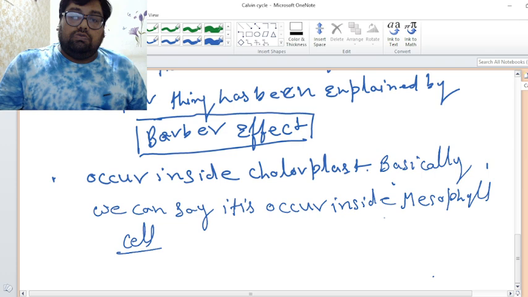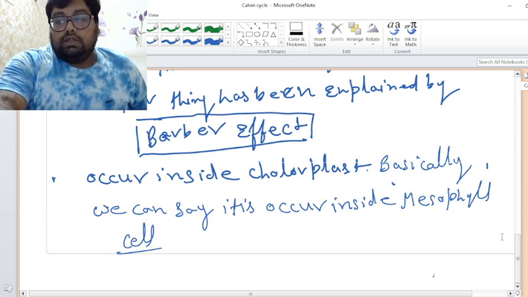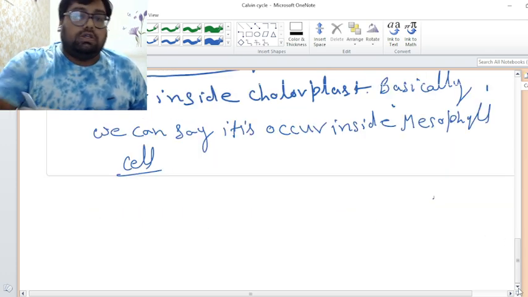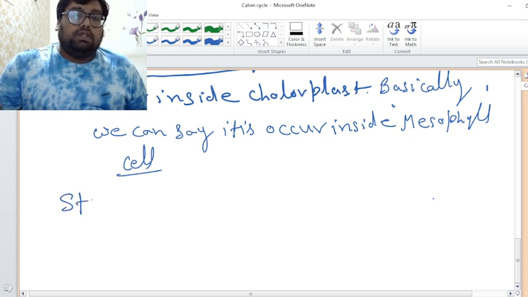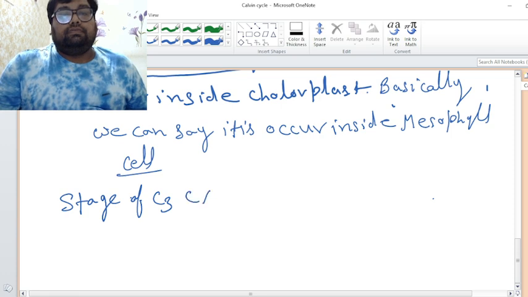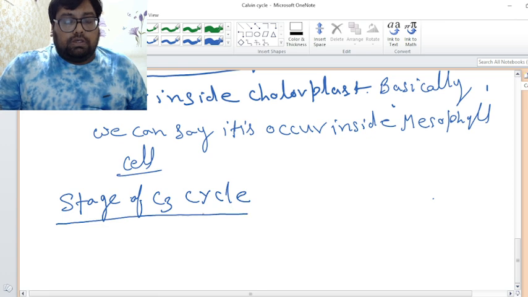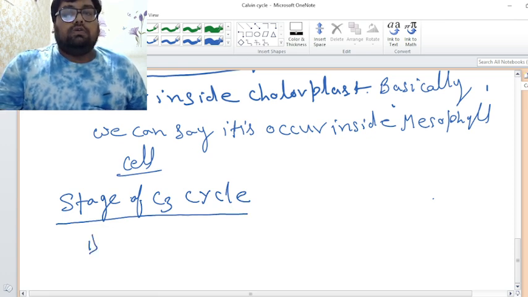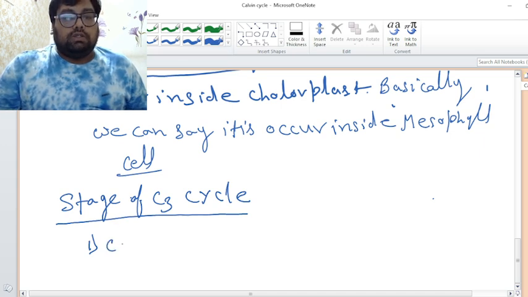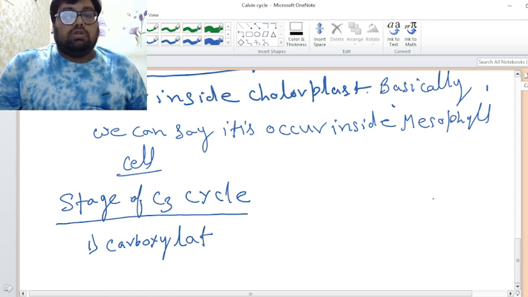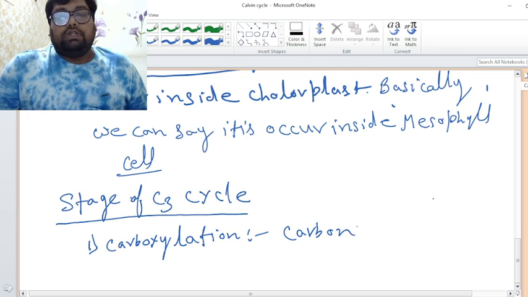Now we are going to discuss the stages of the C3 cycle. There are three stages. The first stage is carboxylation, that is carbon fixation.